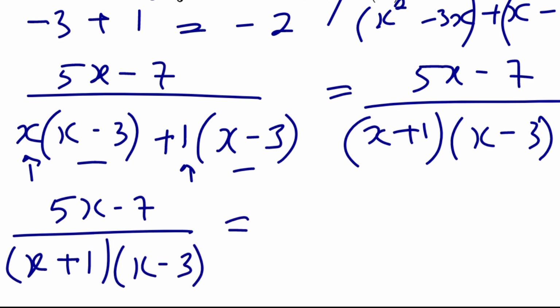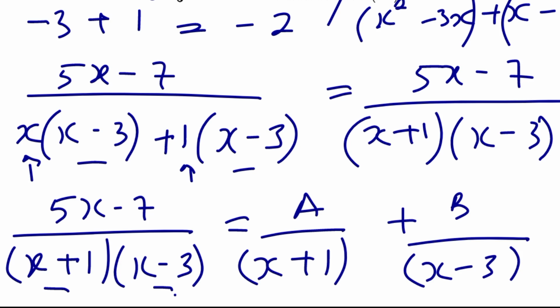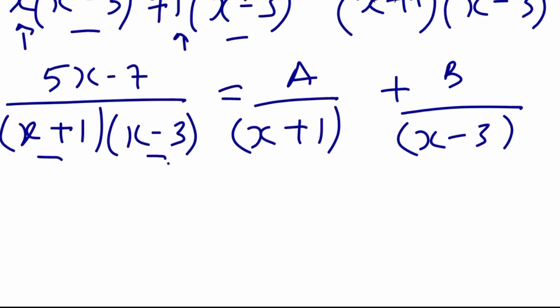In terms of partial fractions, when we have something like this, what we usually do is to say we are going to have something like A divided by one of those expressions, then we have B divided by the other expression. Cool. That's partial fractions.